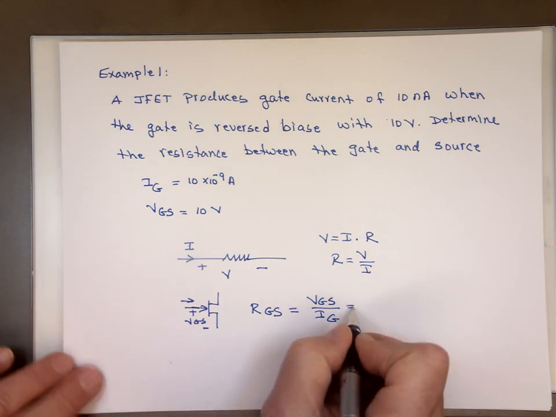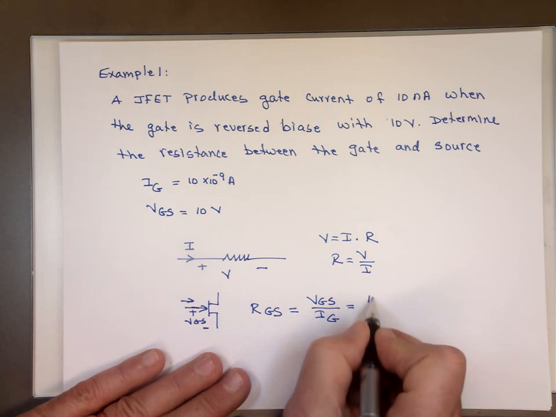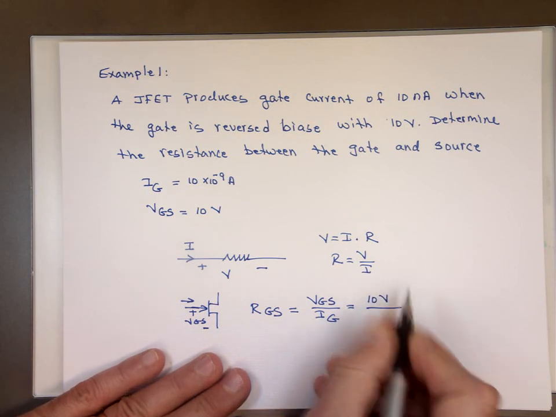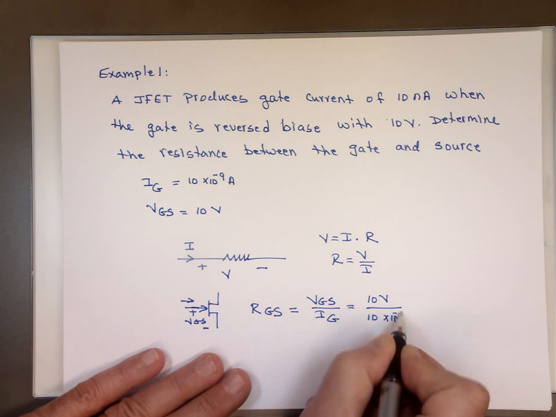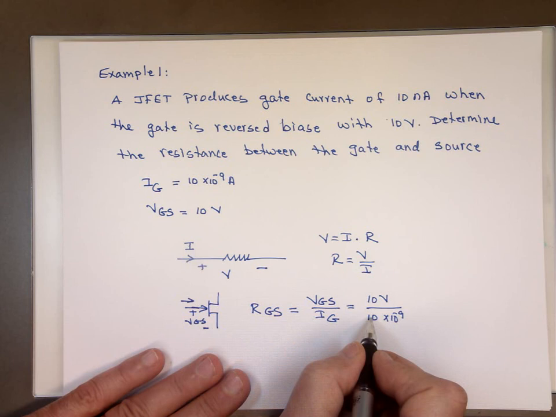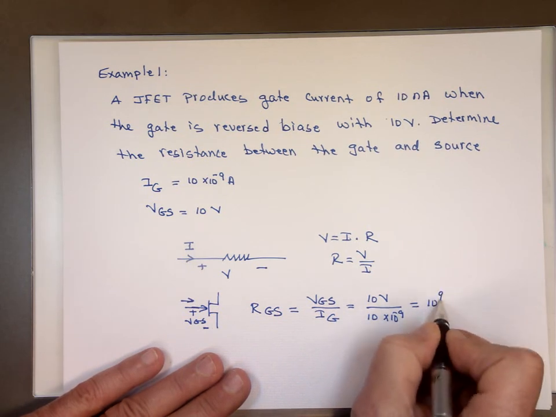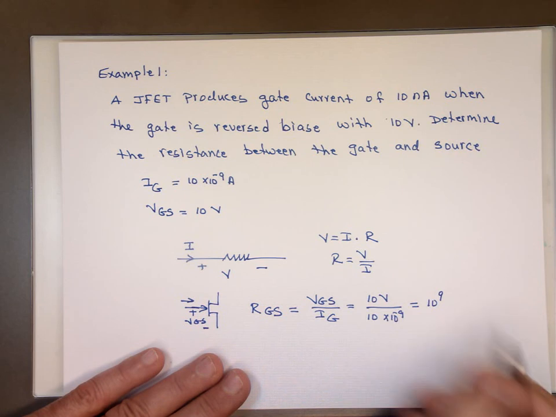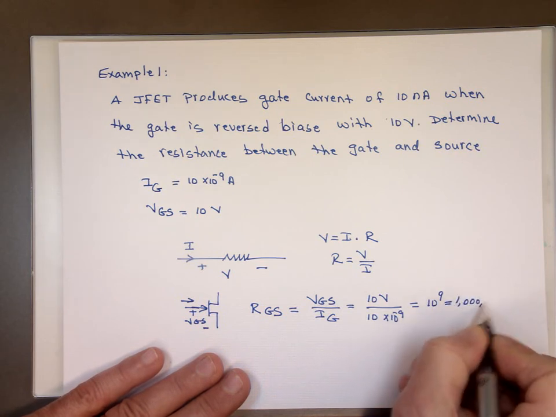So in this case, that will be what? What was my voltage? 10 volts. What was my current? 10 times 10 to the negative 9. So when you divide them, that's what? 10 to the 9. So that's how big that resistor is. 9 zeros.